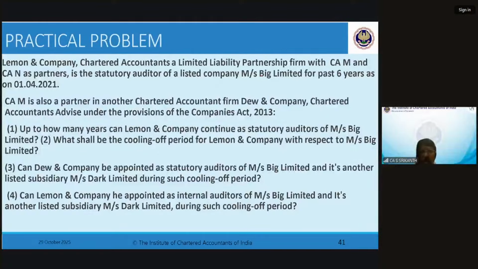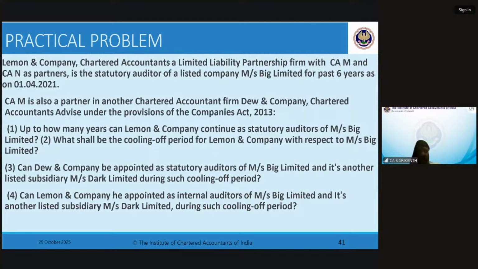Here you should not take grace. Straight away, you have to go by it. They've already been there for the past 6 years. We do not know when they were originally appointed, so don't get into that mental confusion. Assume that this is the 6th year.